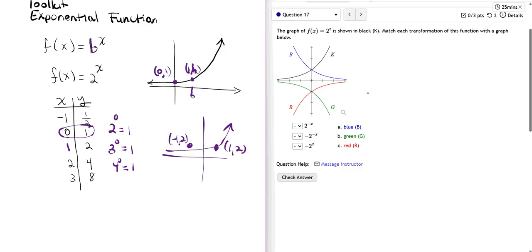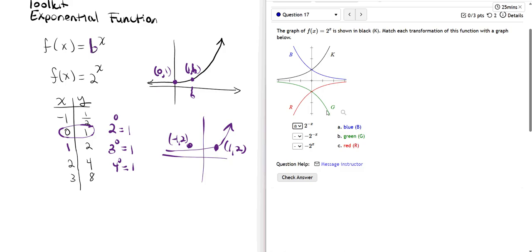So what's just happened is that the x value is opposite in sign. So it would make sense to choose the option for 2 to the power of -x. So the blue one is 2 to the power of negative x.